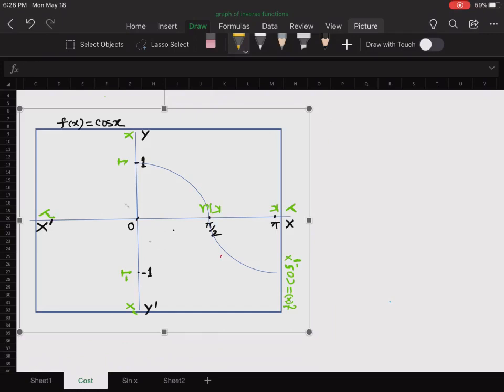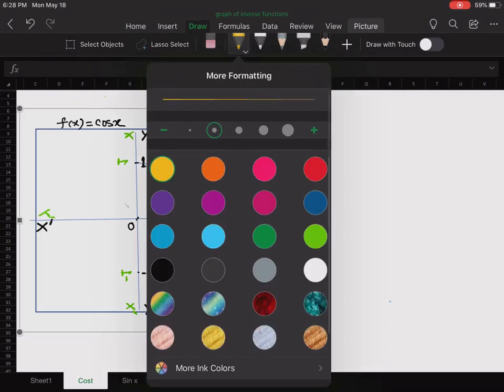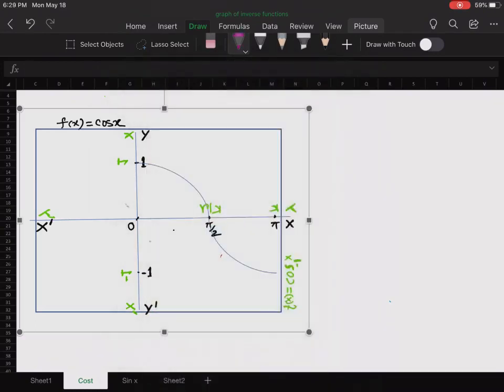Yesterday I told you that if we make this graph on a transparent sheet, then this graph also represents the inverse of the cos x graph.